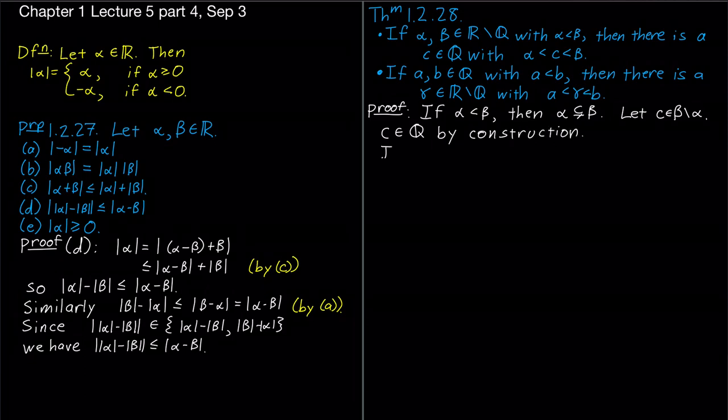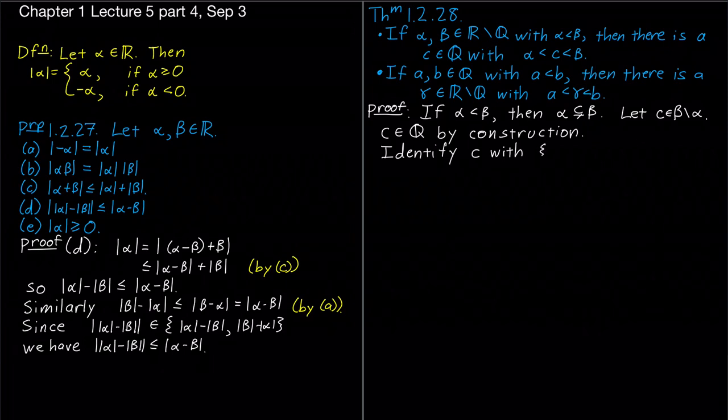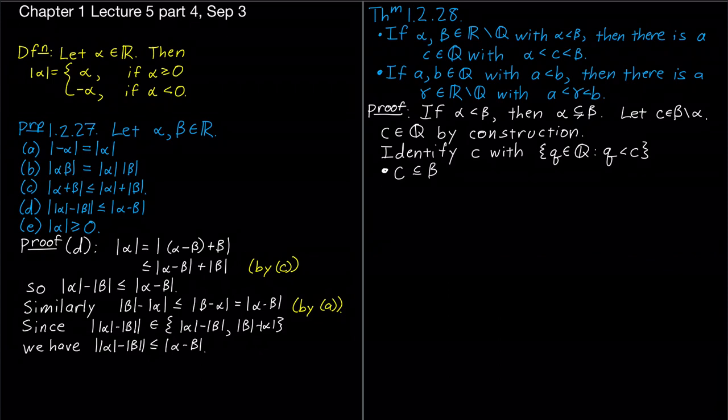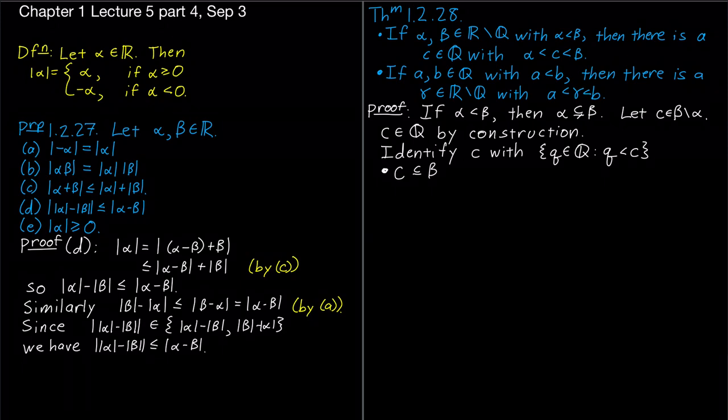And then you identify C with the proper Dedekind cut. And then I'm not going to go through all the axioms. C the real number is a subset of beta because C the rational number is in beta, so every rational less than C is in beta.